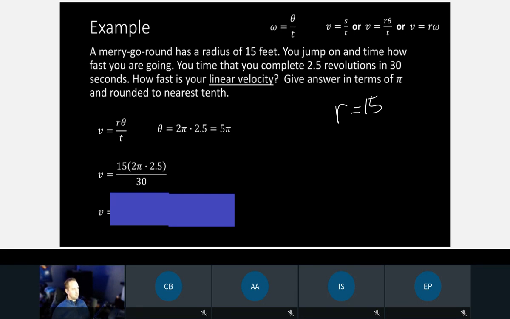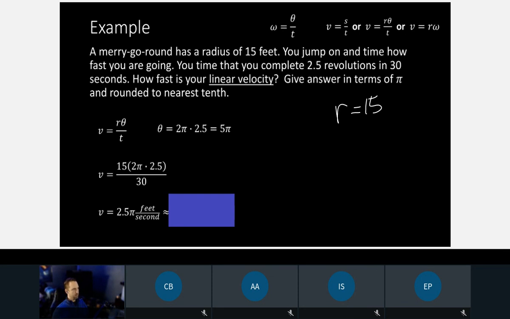Okay, so round to the nearest tenth, please. It says nearest tenth. 7.9. What's your units? Feet per second.